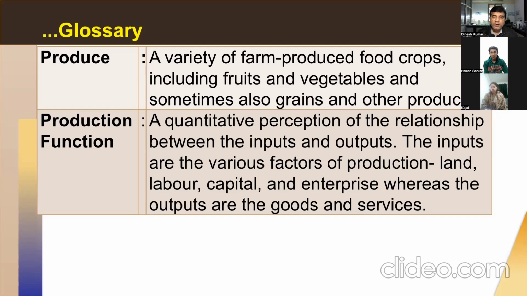The inputs are various factors of production like land, labor, capital, and enterprise or entrepreneurship, whereas the outputs are the goods and services. So many times services are also considered as your product or output.